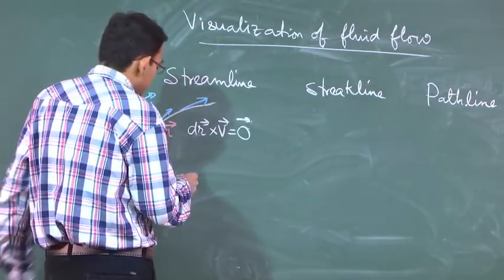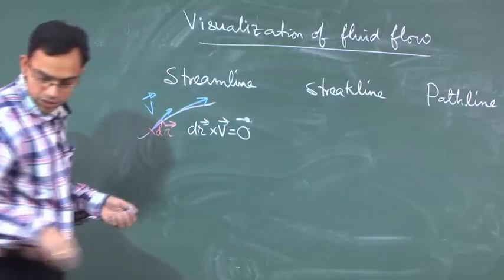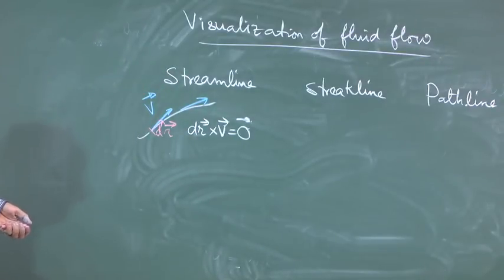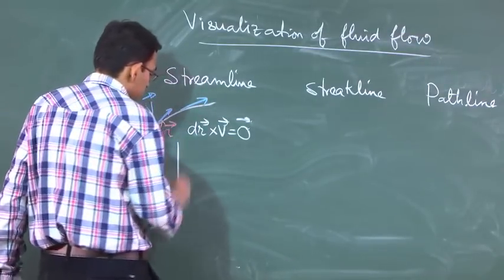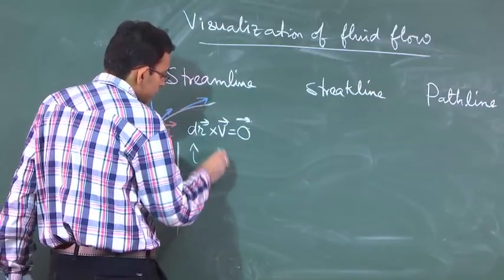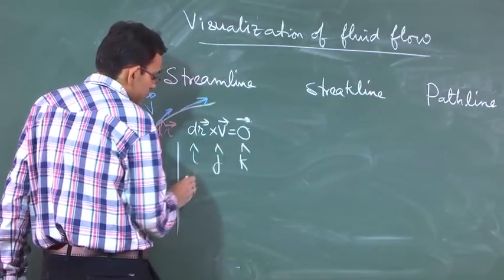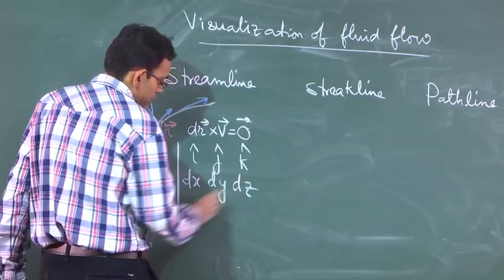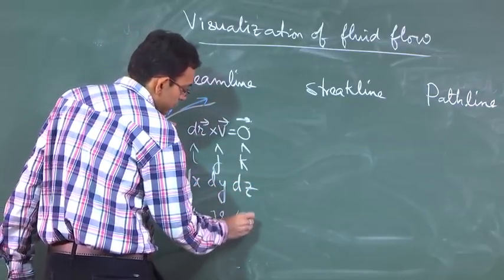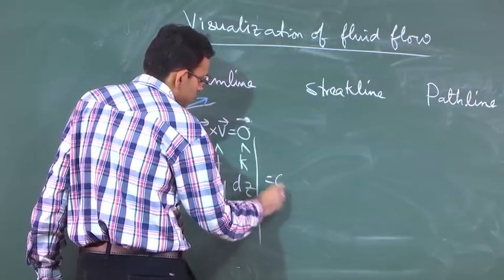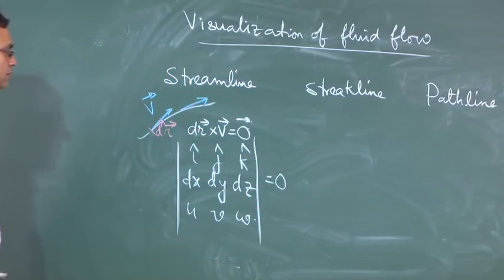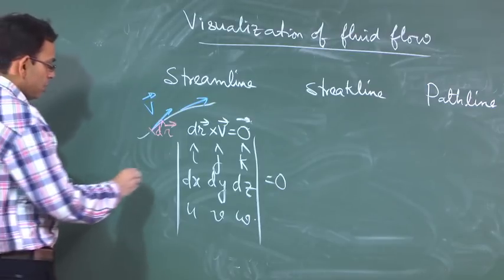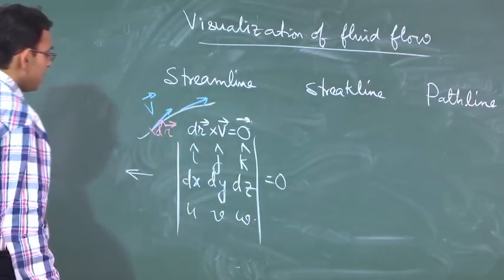So, in a Cartesian system, let us write this dr cross v. This is the determinant. So, I am writing it on this side.